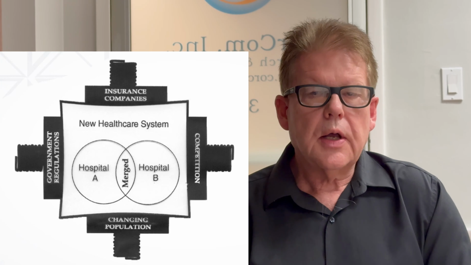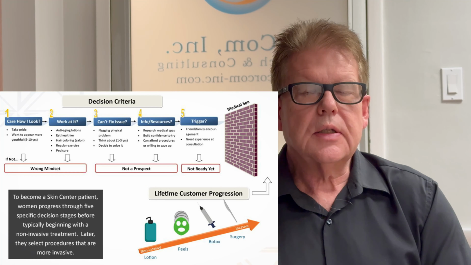The print on this model might be a little bit small, but it's basically the process that someone goes through to decide whether or not they're going to do cosmetic surgery. And this came from a bunch of interviews and focus groups, primarily with women.